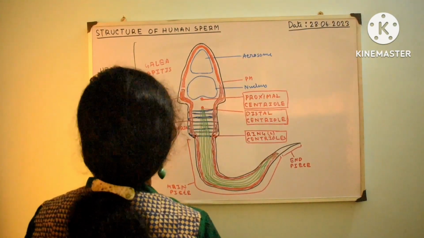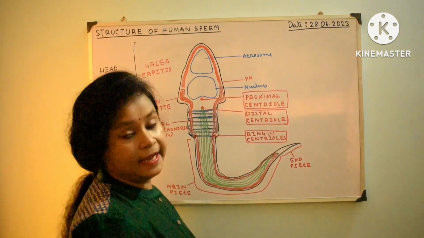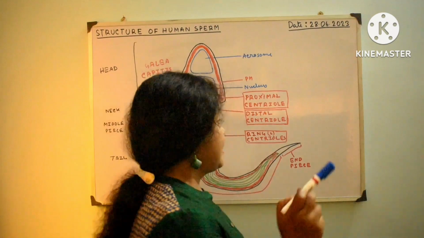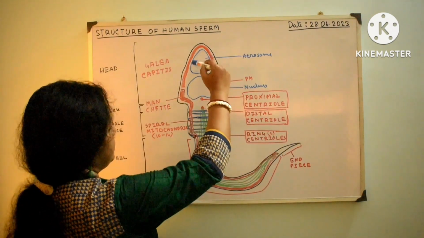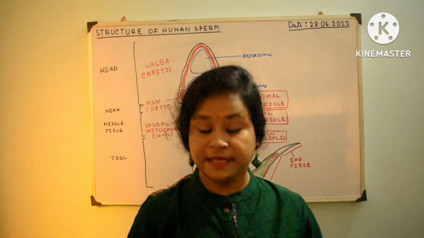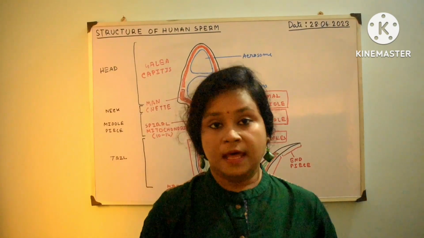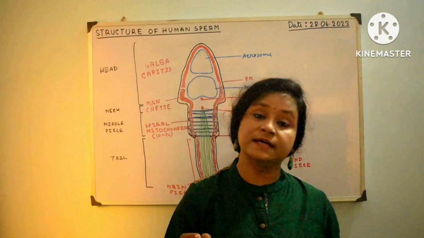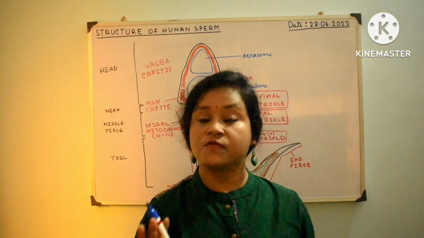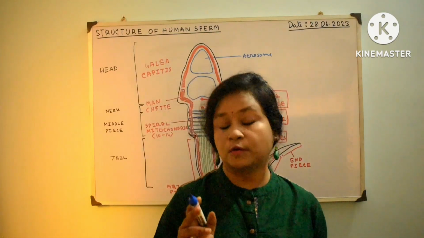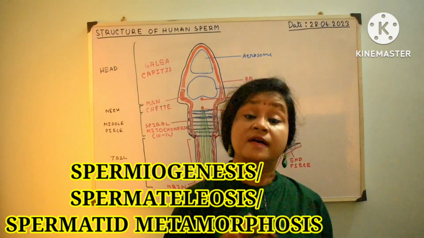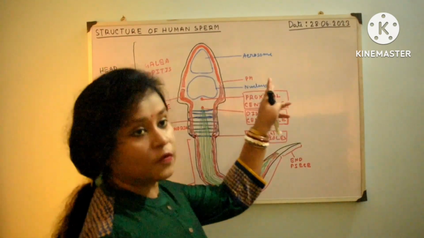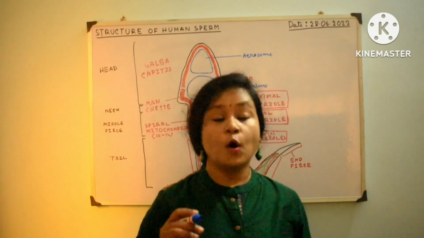Now we know the first part of the head is known as the acrosome, and the acrosome portion is covered by a sheath. The acrosome is generated at the time of metamorphosis, when the spermatid metamorphoses into sperm. This process is known as spermiogenesis. The acrosome is made up of Golgi bodies.